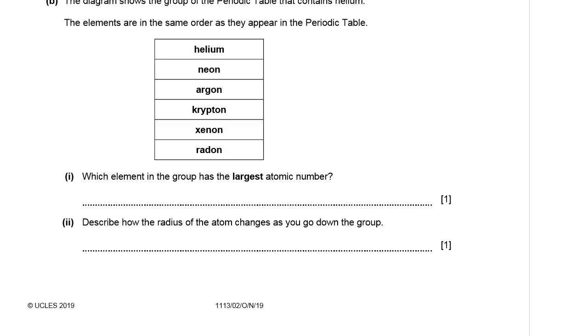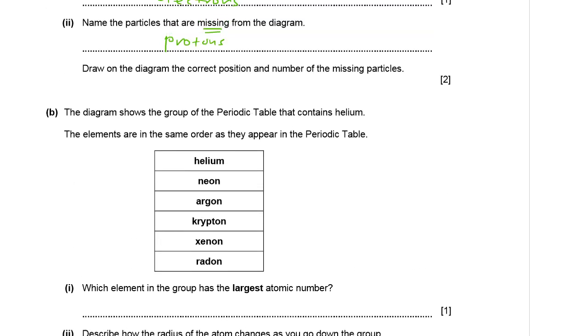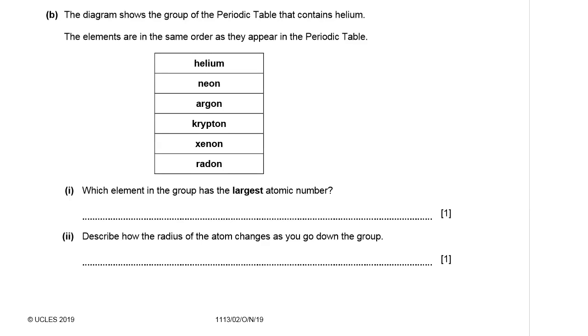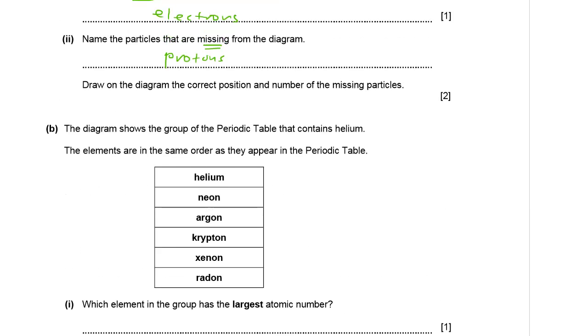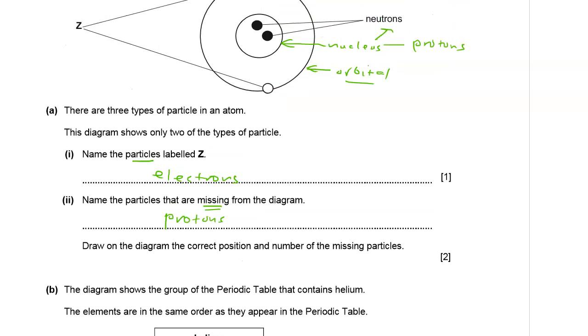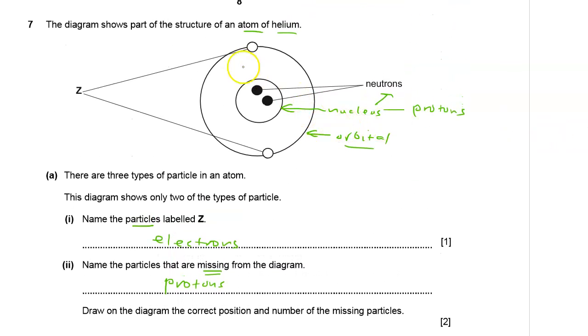Sorry, before part B. Draw on the diagram the correct position and the number of the missing particles. Okay, we are supposed to draw that. Let me draw in red.